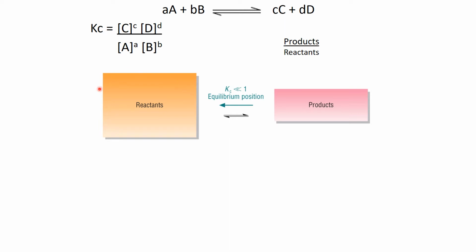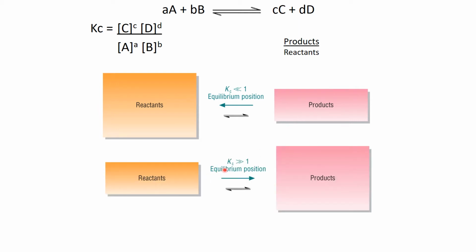The size of these boxes represents the relative size of the concentrations. You can probably guess what's coming next: where Kc is much greater than 1, the equilibrium position is shifted heavily over to the right-hand side. The concentration of the products is far greater than the concentration of the reactants.